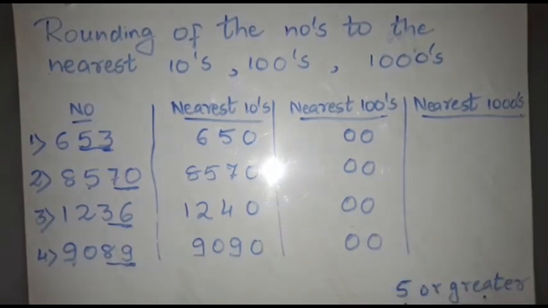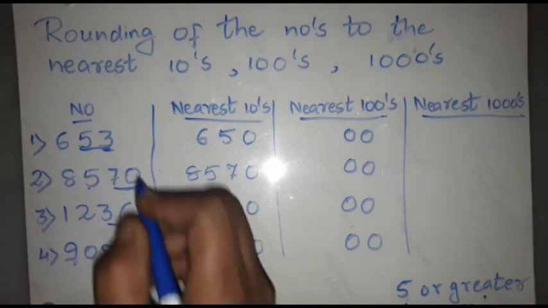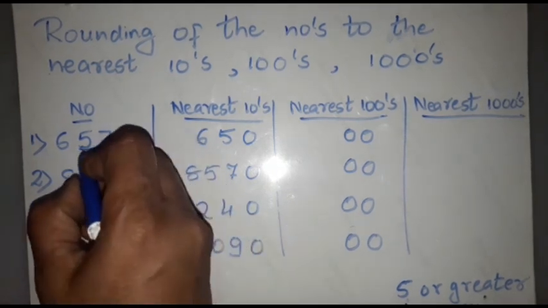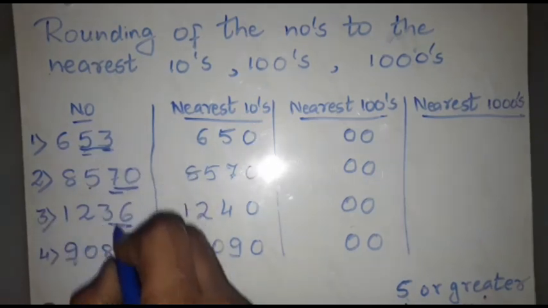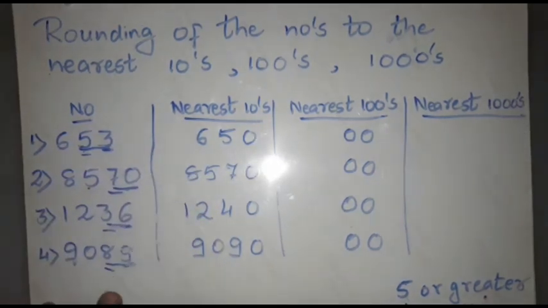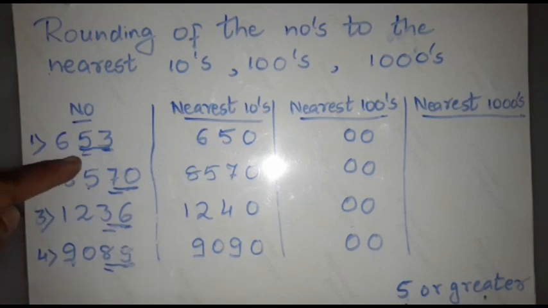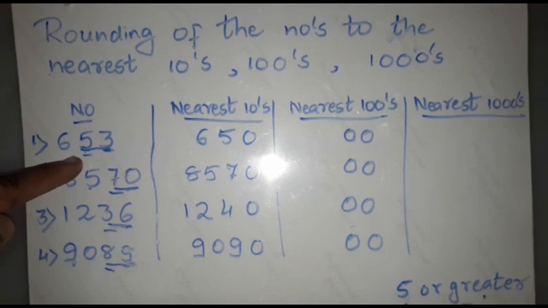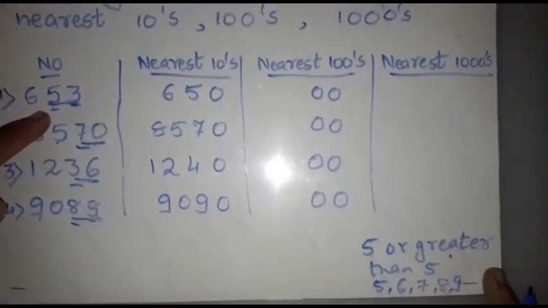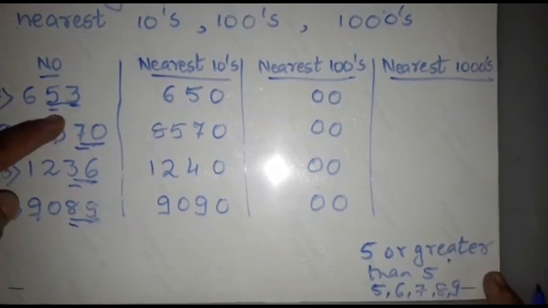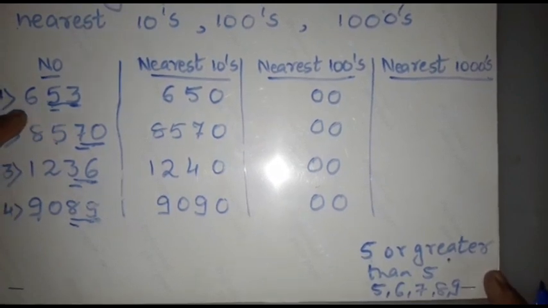And now out of the underlined digits, see the first number, that is here 5, 7, 3 and 8, the digit at the higher place. If the digit at the higher place satisfies the condition, that is the number should be greater than or equal to 5, then we will add 1 to the previous number, otherwise not.